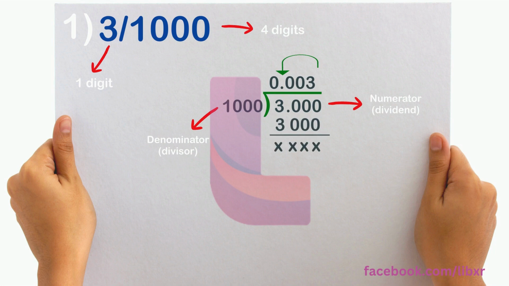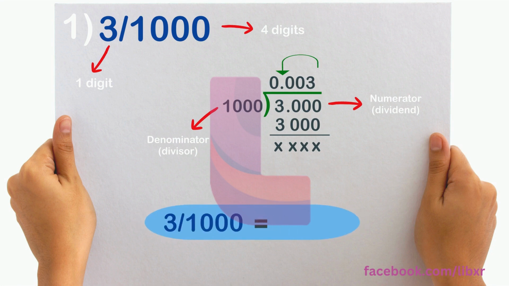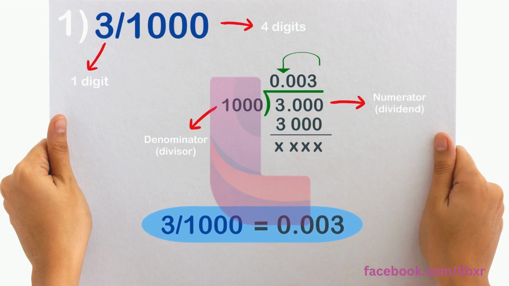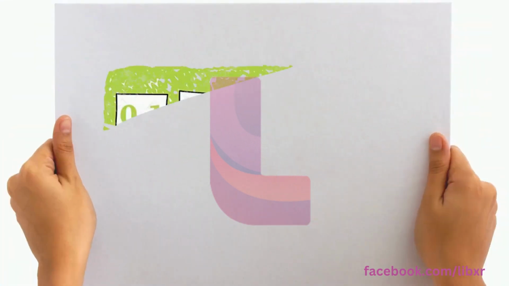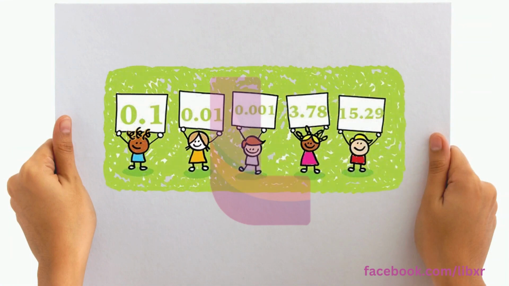There are 3 zeros, so we count decimal places from the right side of 0003 and put the decimal point after 3 digits. It becomes 0.003. So 3 by 1000 is equal to 0.003.